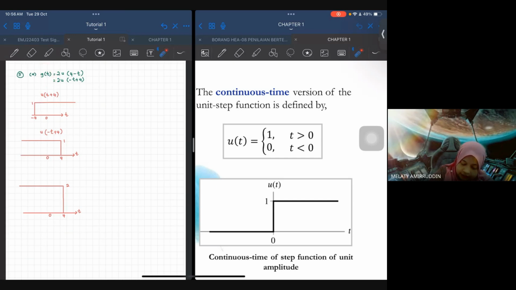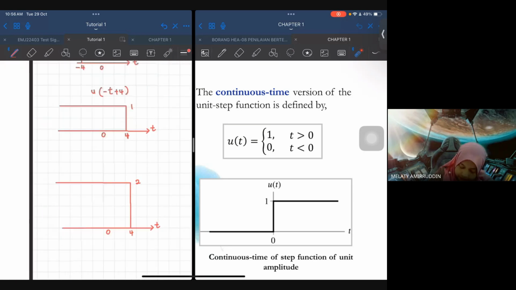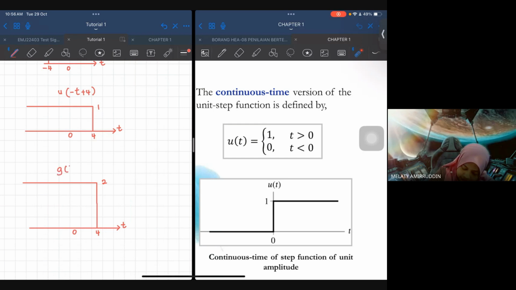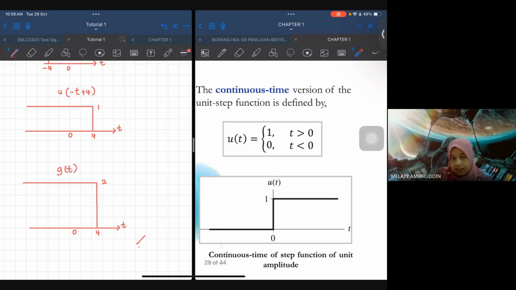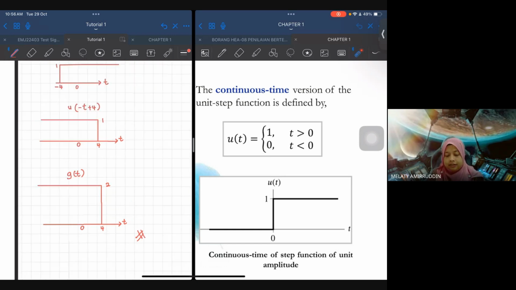This is the final signal. This is the answer.